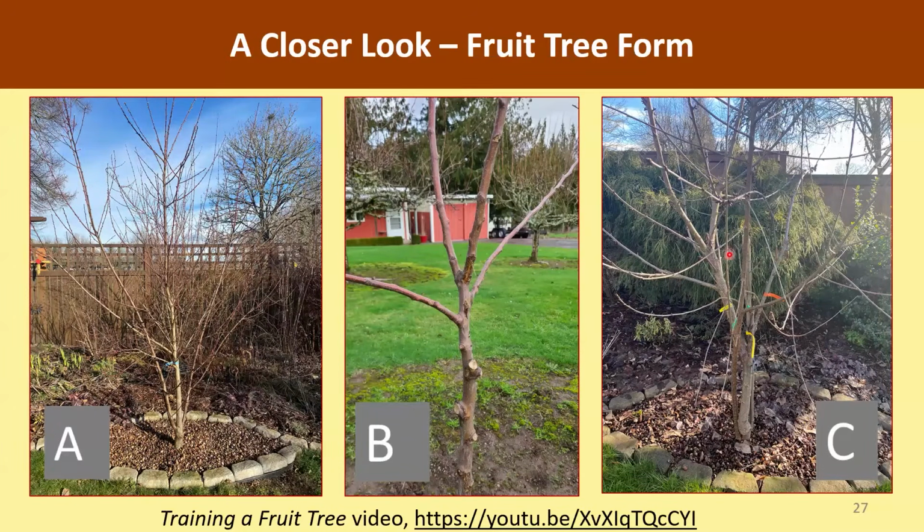And if I want to open up the center, I'm just going to shorten the branches that grow toward the center and encourage growth toward the outside. And can you see this? The darker shoot that's pretty long and vertical, that is coming from your rootstock, not something you want. So you want to make a cut as low as possible to take it out.